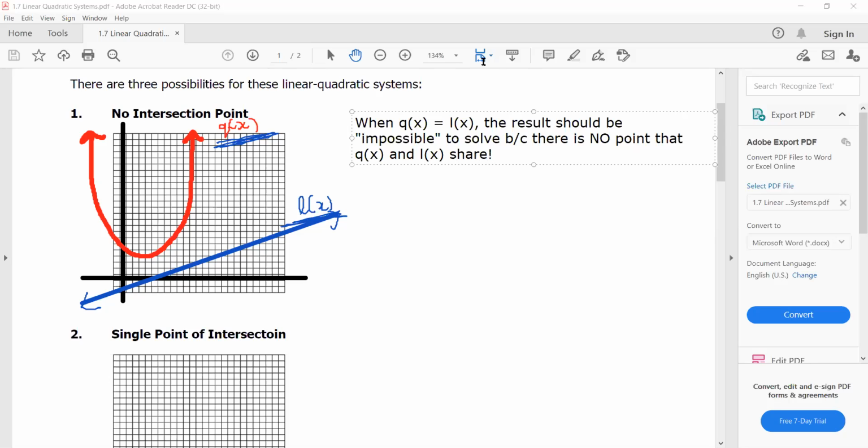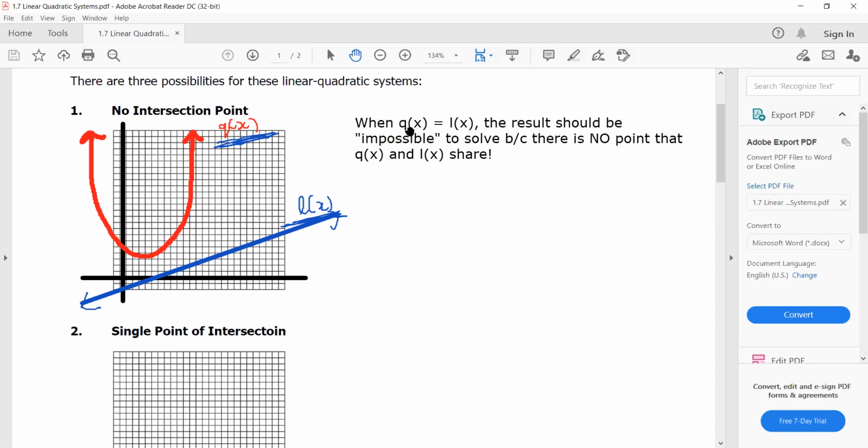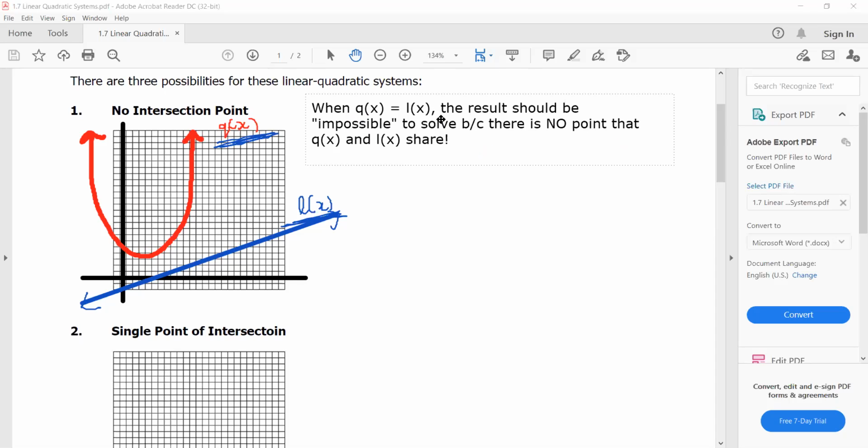They don't overlap. They don't share any common space in this entire world, I guess.